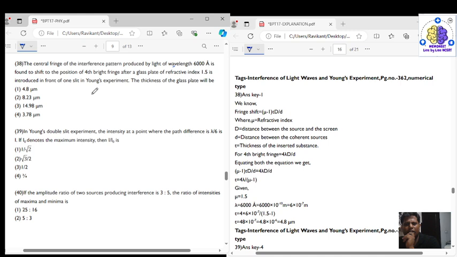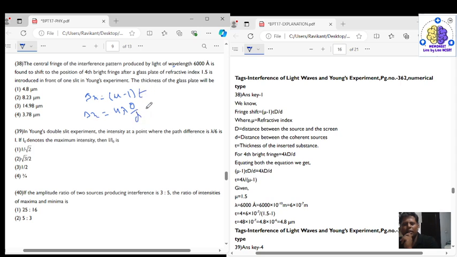So the shift over here, delta x, is given by the formula mu minus 1 into t, and according to the question this shift delta x is given as the position of the fourth bright fringe. The position of the fourth bright fringe is equal to 4 lambda D by d, right?